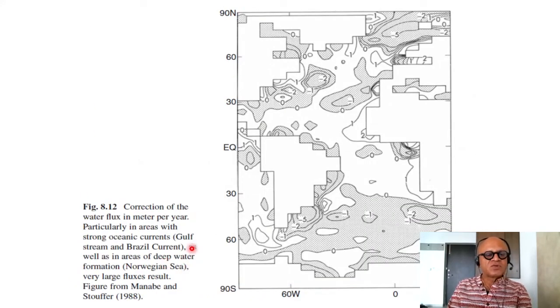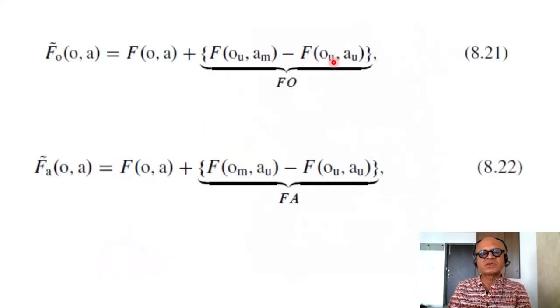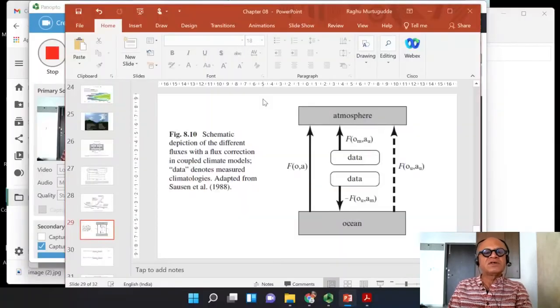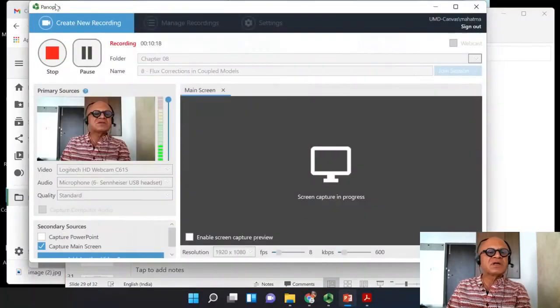Okay, so here the evaporation minus precipitation from the model is compared to some observed estimates, and then the model is nudged using these flux corrections, but instead of heat you are nudging salinity and precipitation and evaporation and so on. Okay, it depends on how it is done. Okay, so that is flux correction.